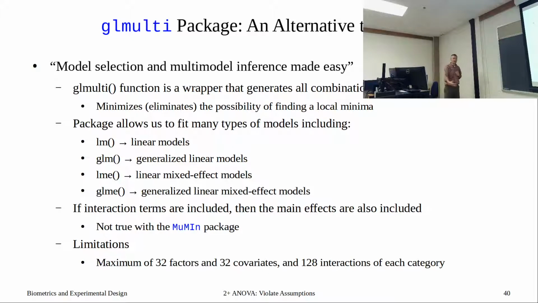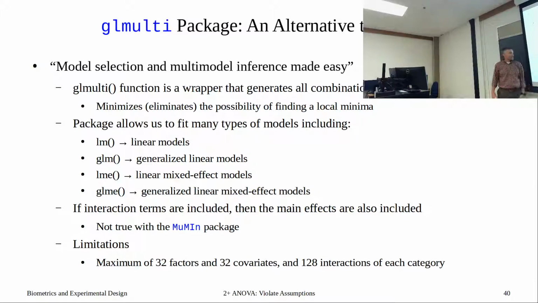If we have a three-way interaction, then we not only need the main effects, but we have to have all of the two-way interactions included in it as well. MuMIn doesn't abide by that rule. So if we use MuMIn, you have to go back and make sure that any of your main effects or interaction terms also have the subsets below it. glmulti makes sure that that is true. And that's why we're going to use glmulti.